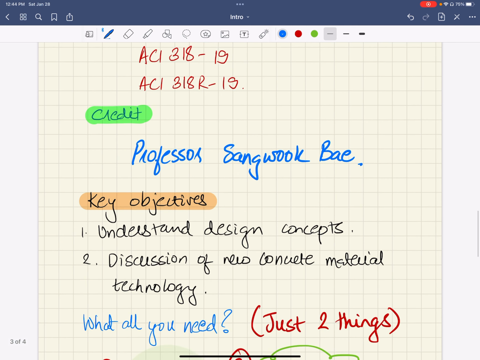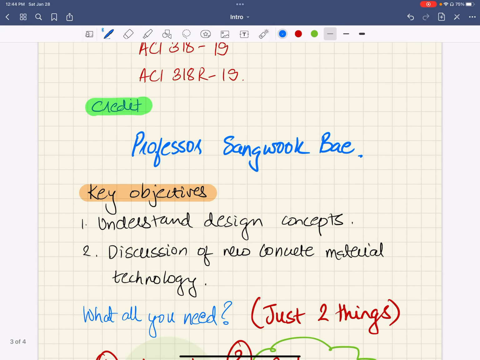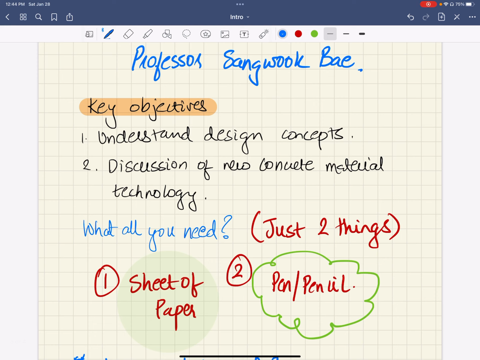So, what do you need in this course? I would appreciate it if you have a sheet of paper and a pen or pencil. This course will not be based so much on slides. I would try to be more interactive by writing everything down so that you can follow stepwise.